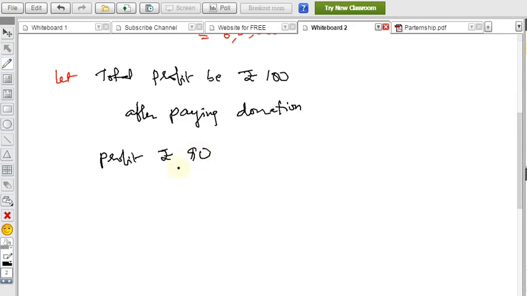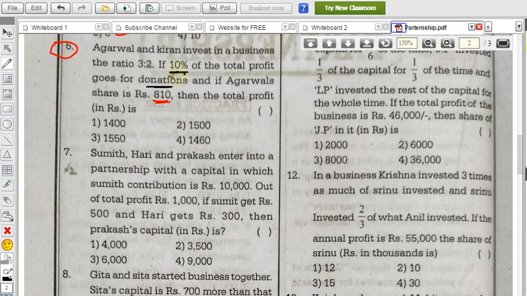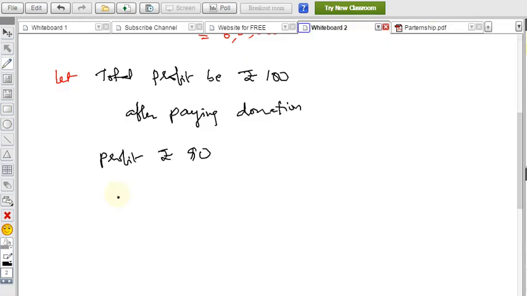Now this 90 we have to divide in the ratio 3 is to 2. If Agarwal's share is 810, then they are asking the total profit. So we can find out Agarwal's share. Agarwal and Kiran is 3 is to 2.